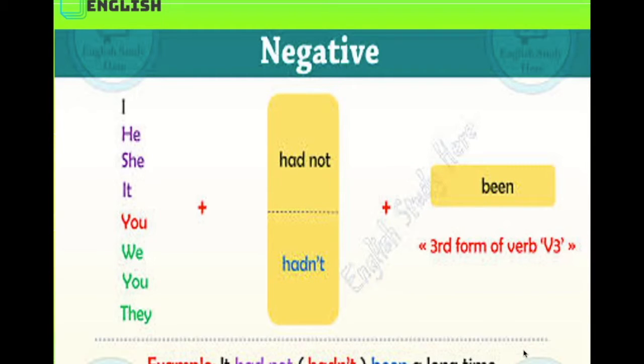Now we are going to learn the negative sentence. In a negative sentence with had, we add not, and in short form we say hadn't. For example, I had not been, he had not been, she had not been, it had not been, we had not been, you had not been, they had not been.